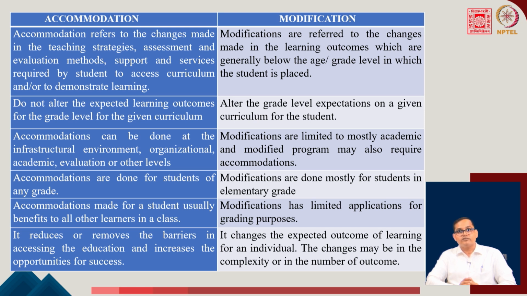However, modifications have limited applications for grading purposes. Accommodation reduces or removes the barriers in accessing education and increases the opportunities for success, whereas modification changes the expected outcomes of learning for an individual. The changes may be in the complexity or in the number of outcomes.